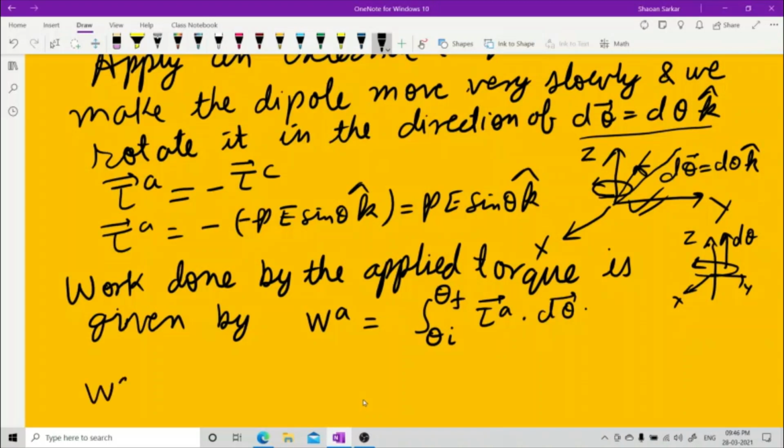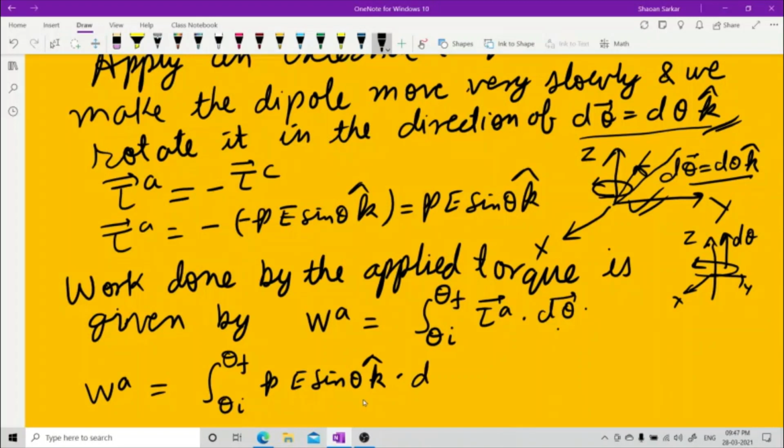Now W applied is equal to the integral from initial angle to the final angle of the torque applied, PE sine theta k vector, dot d theta k vector. K dot k is 1 according to the scalar product.